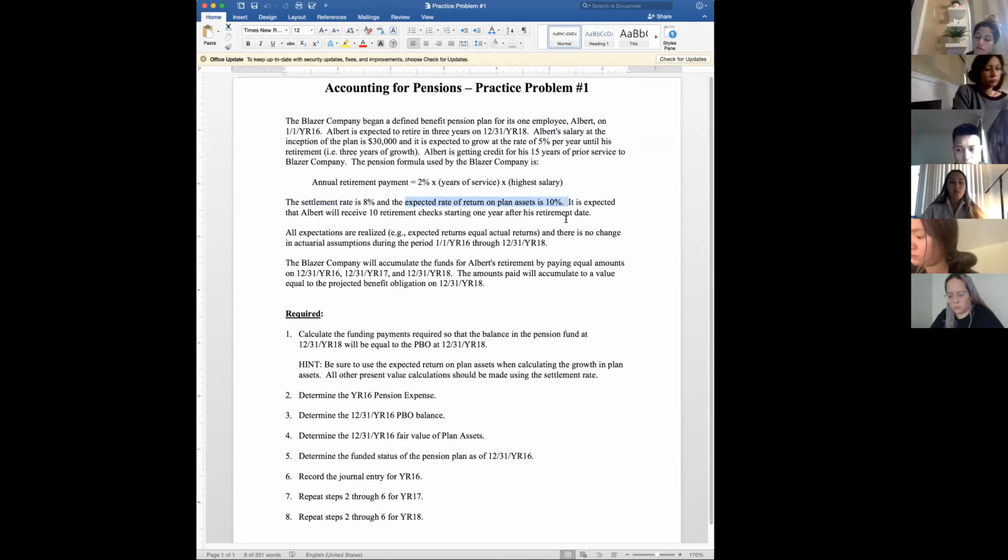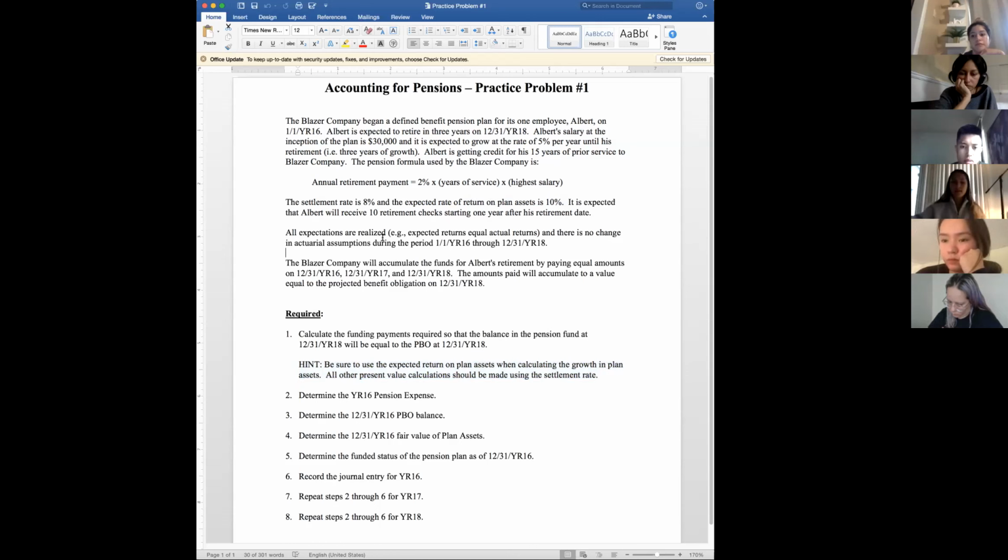So this 10% is only used when we calculate the expected return on plan asset. That's the only time. So right here, hint under number 1, I provided that be sure to use the expected return on plan assets when calculating the growth in plan assets. All other present value calculations should be made using the settlement rate.